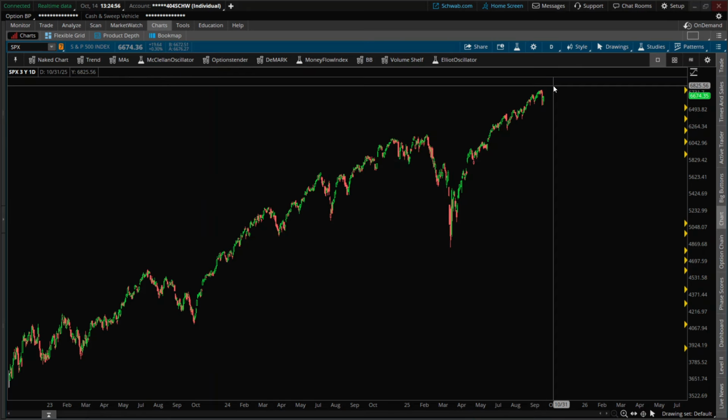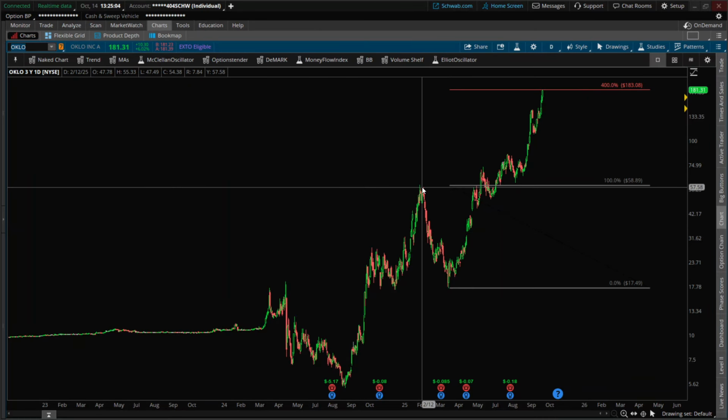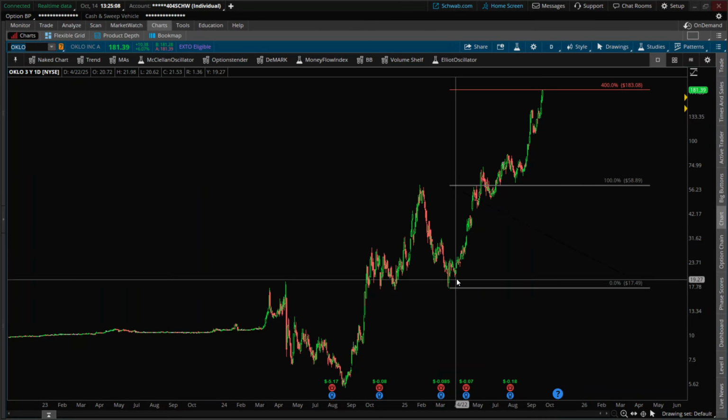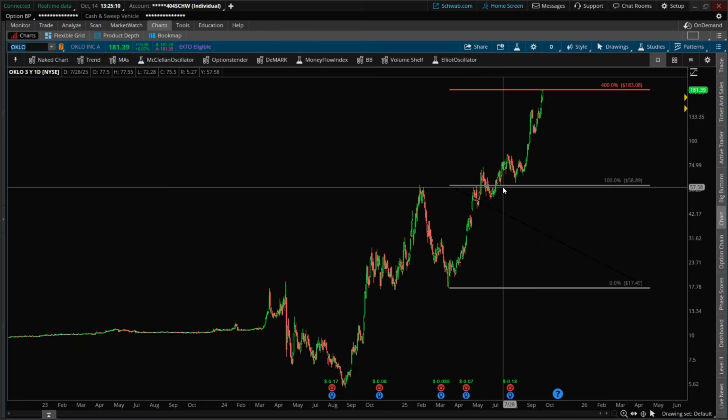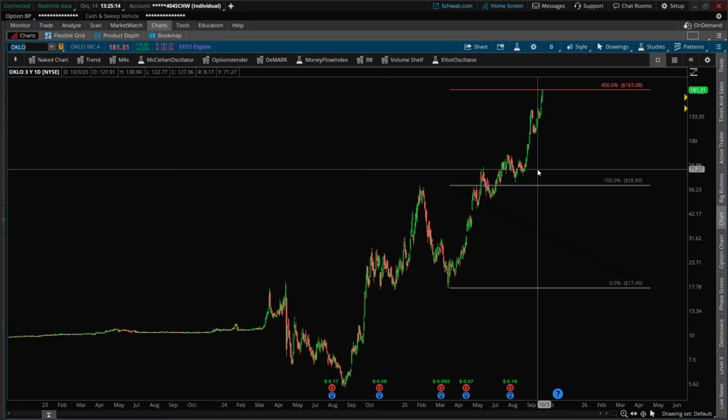We're working it out, and I'll show you the chart. Not a whole lot on there. I don't really chart Oklo very much, but we are at one of our fibs here from this major retracement. We had an extension from there all the way up to 400%, and he's got a different cluster that's working with resistance as well.